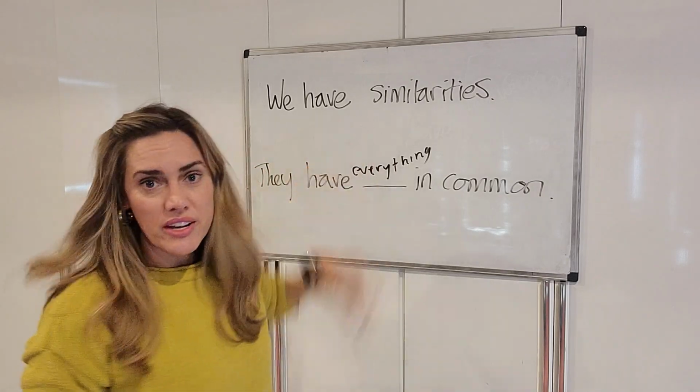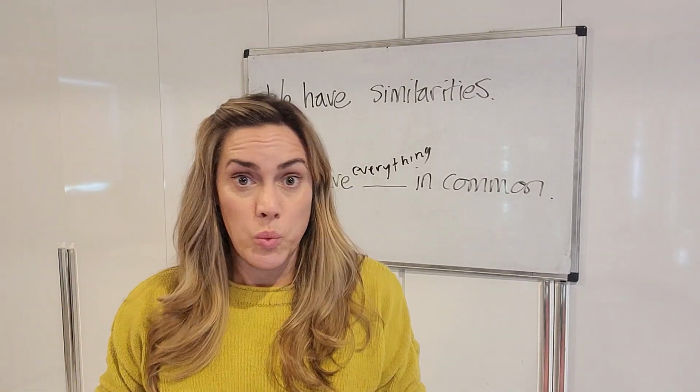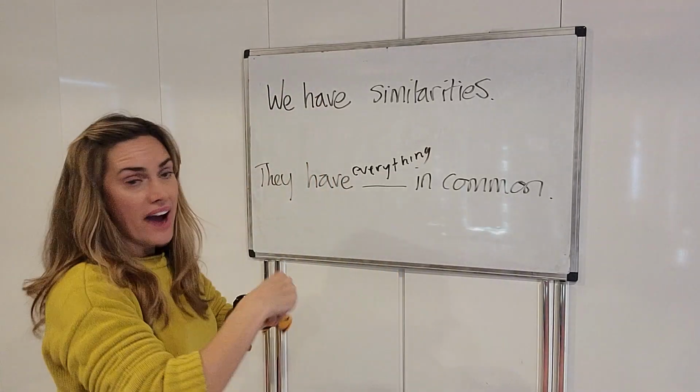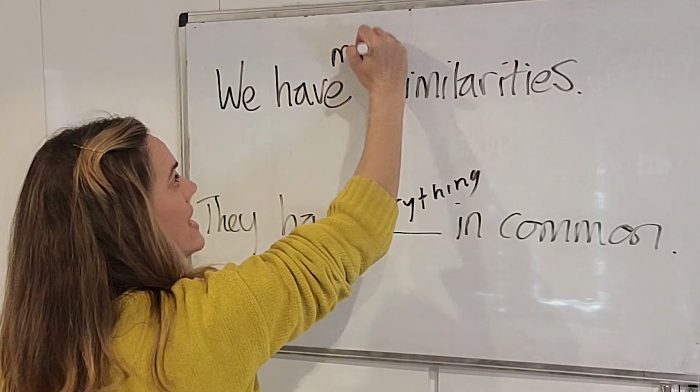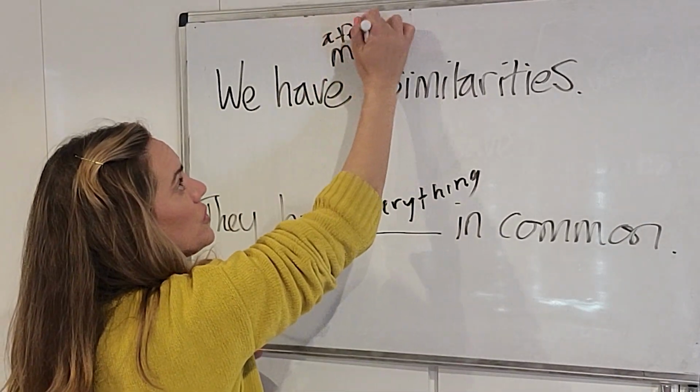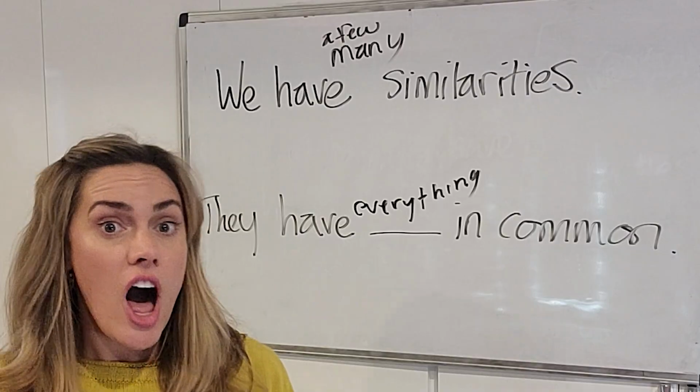And here you could add how many, right? Frequency or adverb, right? So we have many similarities. We have only a few similarities. We have a lot of similarities. So with both of these examples I gave you, with both the be verb and have, you can also make them negative, right?